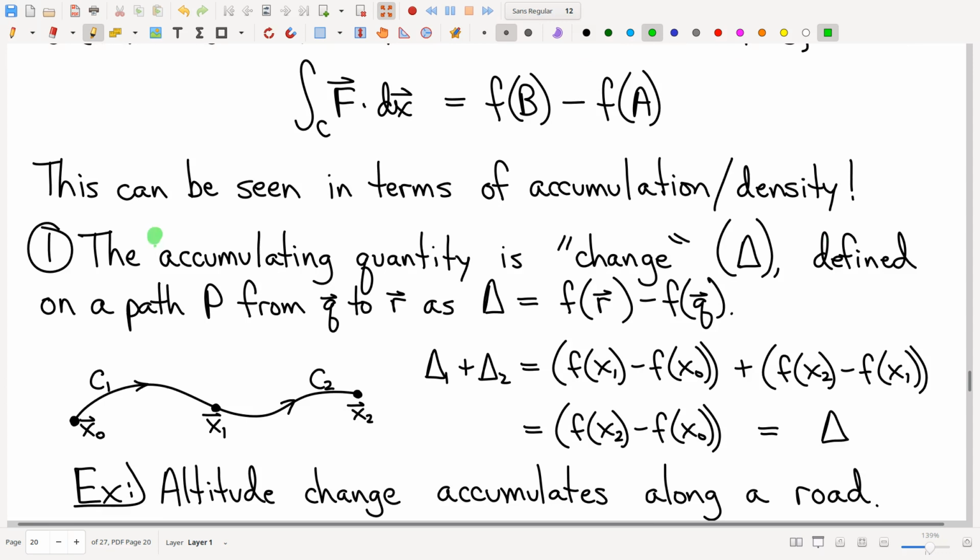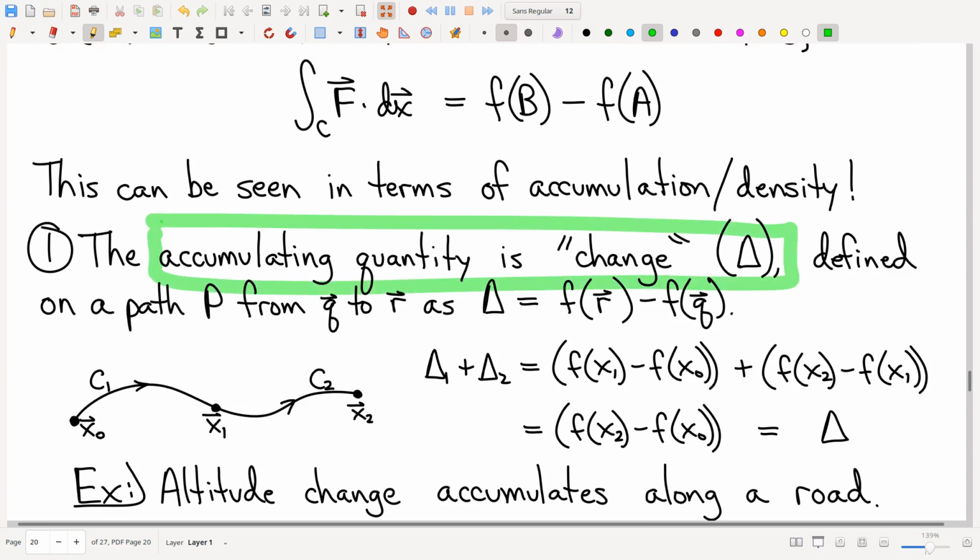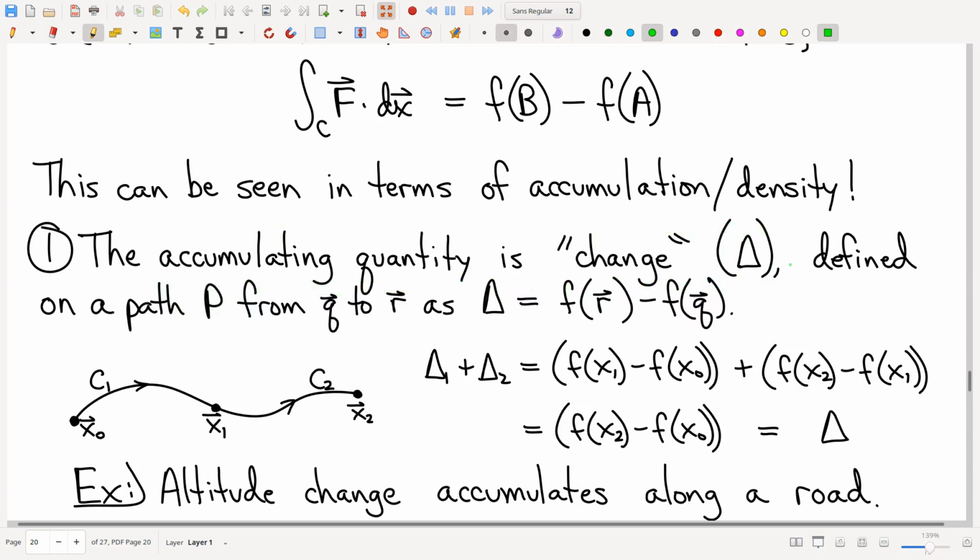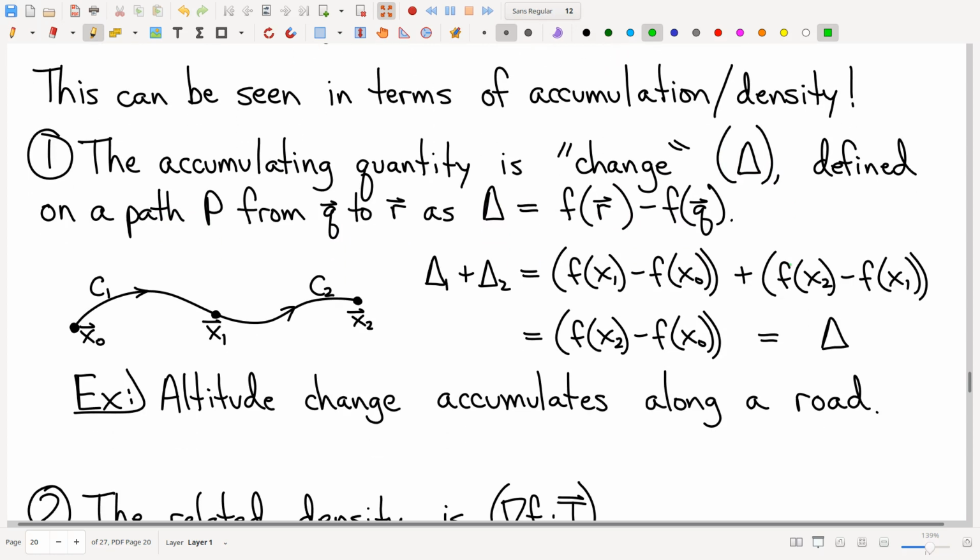The accumulating quantity in question is change, just like with the fundamental theorem of calculus. So, in the fundamental theorem of calculus, given an interval, change says how much does the function change over that interval? It's f of b minus f of a, right? So same thing here, and I'm going to make the claim that again this is an accumulating quantity.